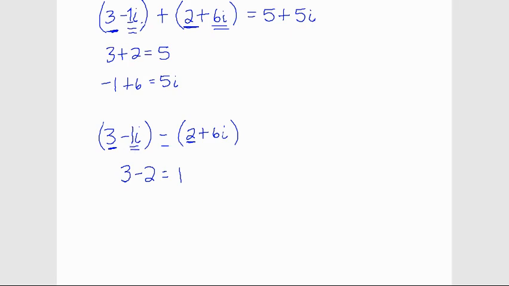So we combine negative 1 minus a positive 6. Remember, this is the same as saying negative 1 plus a negative 6, so this is negative 7i. And so when I write out my final answer, again, we write it in complex form. This would be 1 minus 7i. And so addition and subtraction just become combining like term problems.